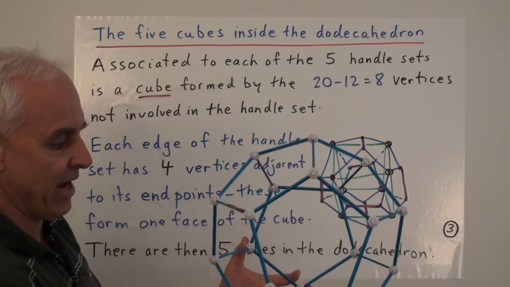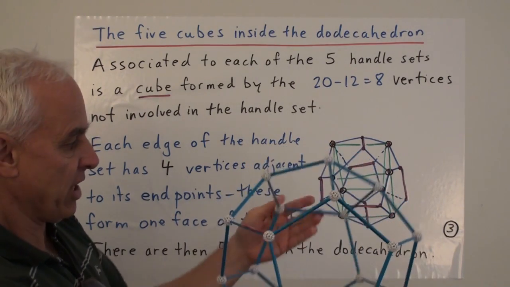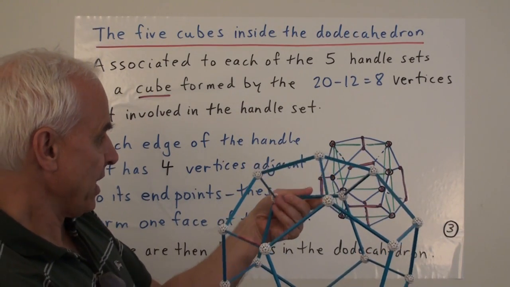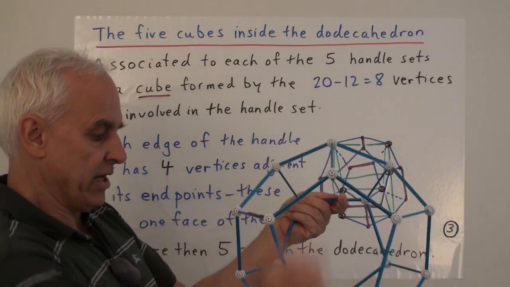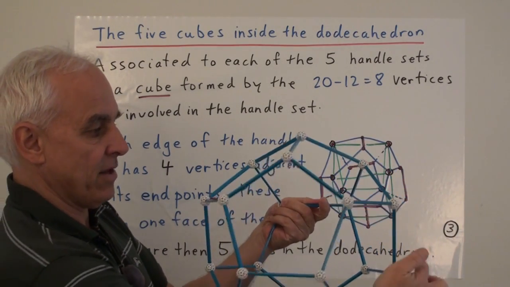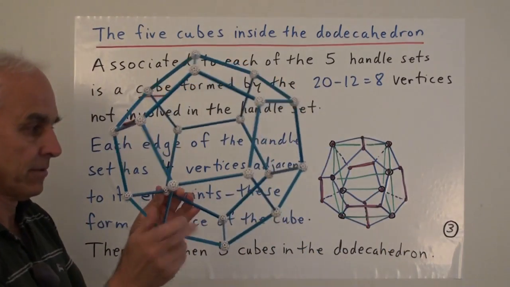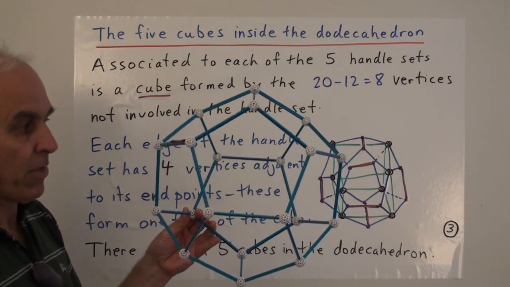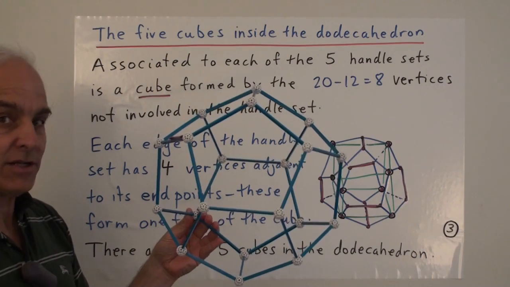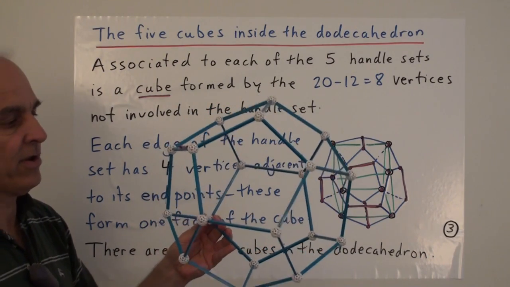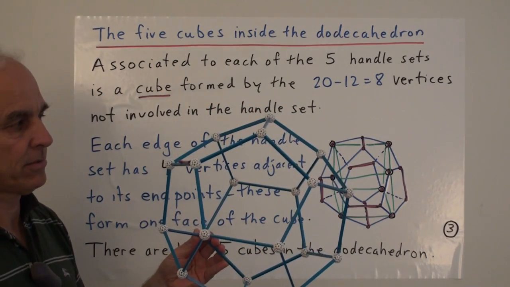Let's look at the handle set consisting of this edge together with its opposite, together with this edge and its opposite, and this edge and its opposite. Now, which vertices are not involved in those 6 edges?